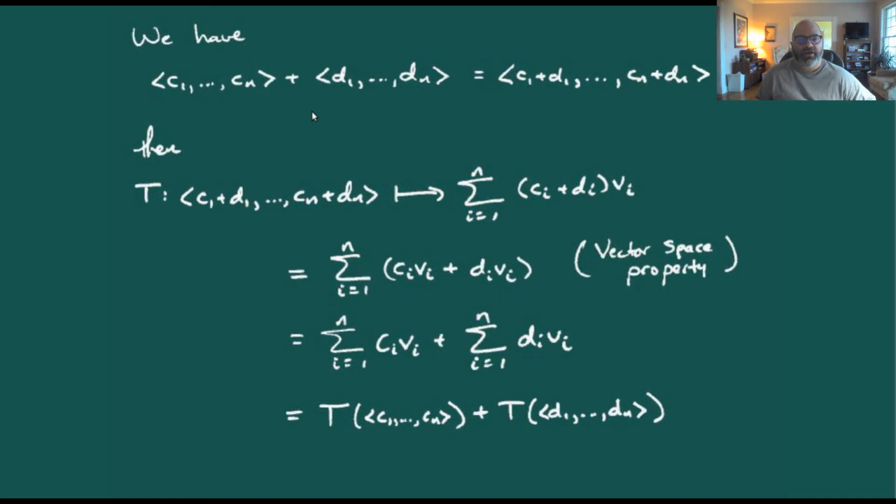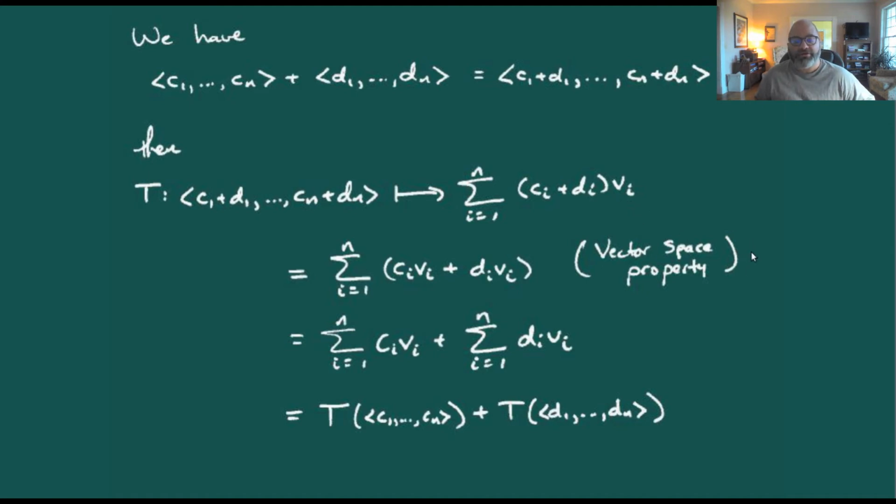Well, how do we check that? We have to make sure that we respect vector addition and scalar multiplication. So if we take two vectors in R^n and add them together, that just gets added together component-wise. We then apply our function T, and so we get the sum of the quantity c_i plus d_i times v_i.